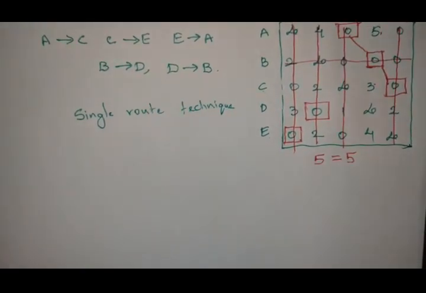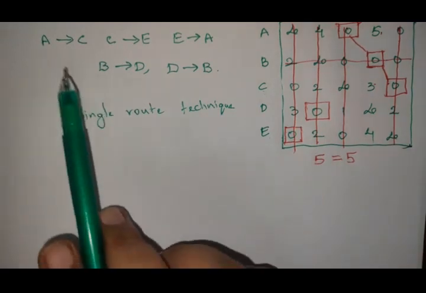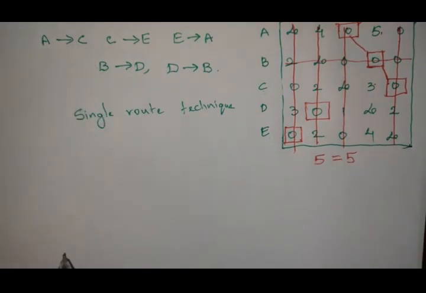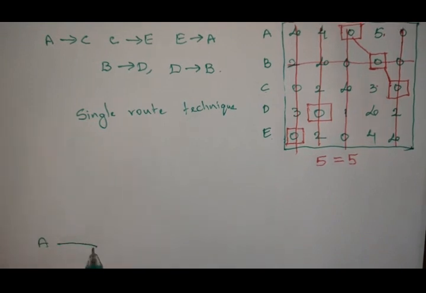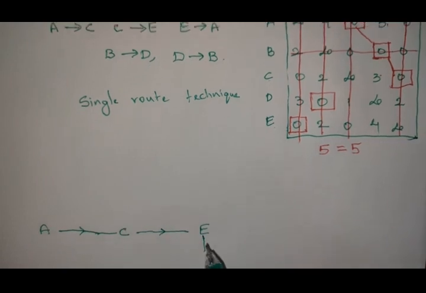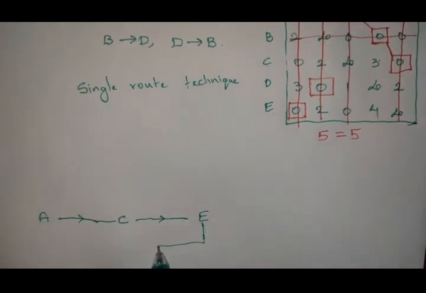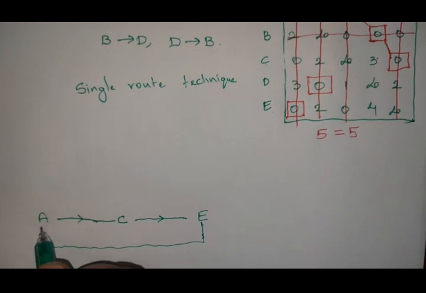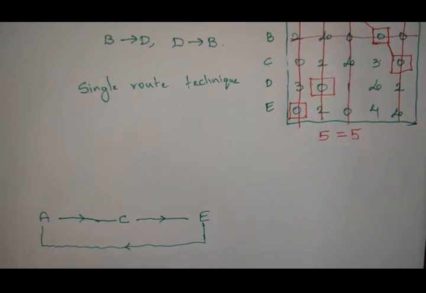First, A to C, and then C to E, and then E to A. So this is one route, right?